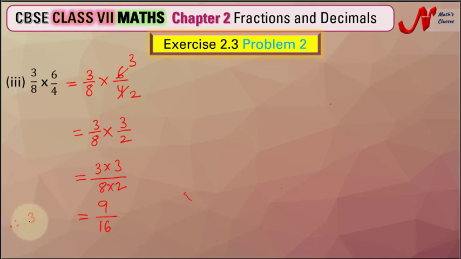Therefore 3 by 8 into 6 by 4 is equal to 9 by 16.